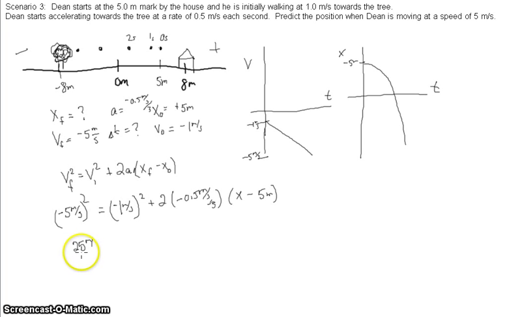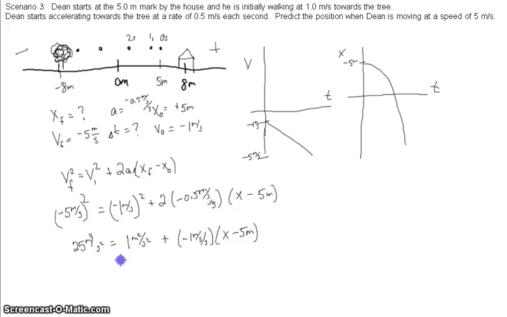Alright, so now if we square the negative 5 meters per second, we get 25 meters squared over seconds squared, which is equal to 1 meter squared over seconds squared plus 2 times negative 0.5 meters per second squared, which would be negative 1 meter per second squared, times the quantity x minus 5 meters.